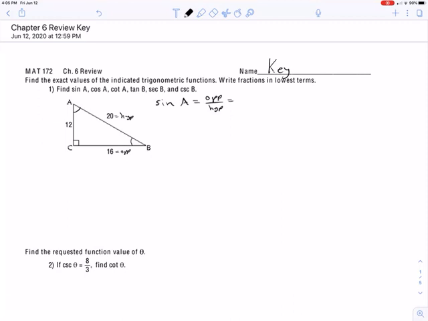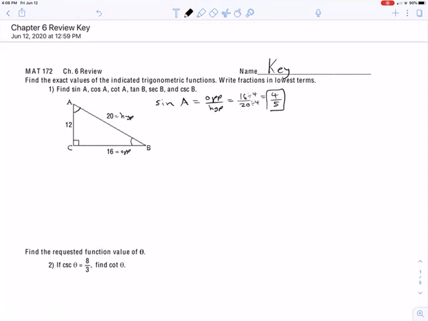As we go through that, we have 16 over 20 for our function value. And, of course, we need to reduce that. So let's go ahead and divide out our common factor. We know 4 will divide into both. So as we reduce, we get a function value of 4/5 for sine of angle A.